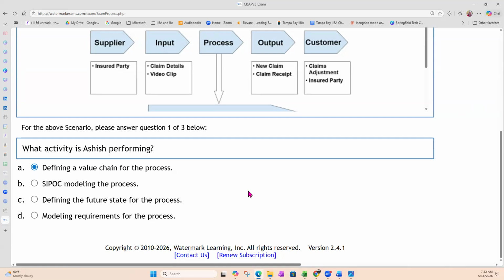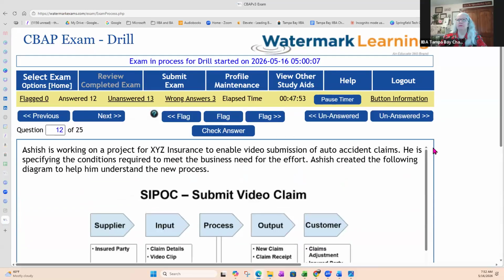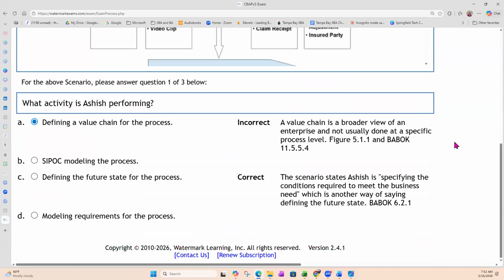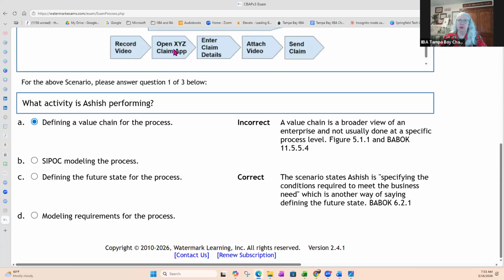He's creating the SIPOC diagram, but he's actually defining the value chain, what happens on each and every stage. Let's test it. No. Okay, so you were right. He is defining something, but it's not the value chain. That's a broader view. Remember, that's at the super high level. He's down at the step level. Whenever he's talking about what step to do, this is future state for the process. He's specifying the conditions required to meet the business need, which is defining future state.